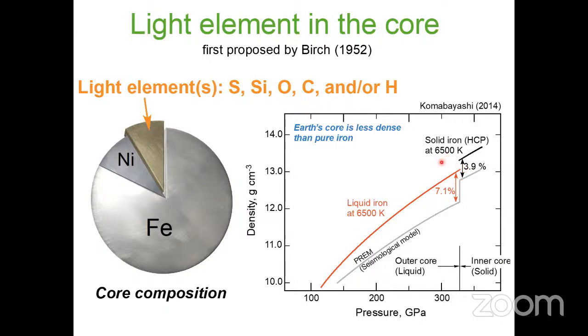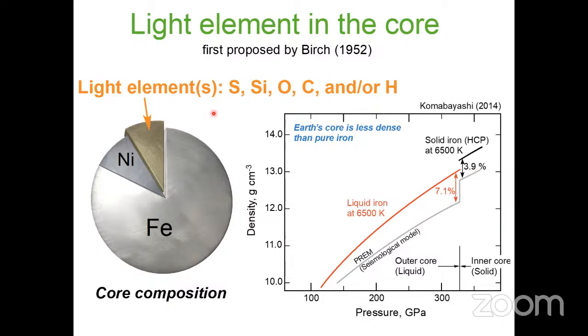So there must be some light elements which reduce the density of iron alloy in the Earth's core. And this type of calculation was first done by Francis Birch in 1952, 70 years ago. And I'm just refining the density deficit value. So the first proposed value was between 10 and 20%, and now it's 7% for the outer core.